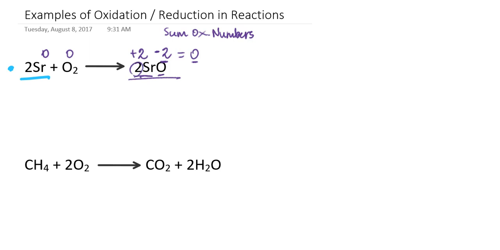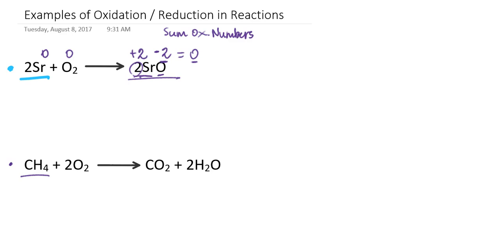The other point is that I want to make sure you guys understand that when we report oxidation numbers, we report them per individual atom. All right, we don't lump them all together. So what I mean by that is, take the second reaction here. Here in methane, I have carbon and hydrogen bonded together.